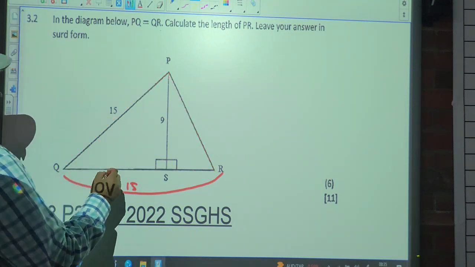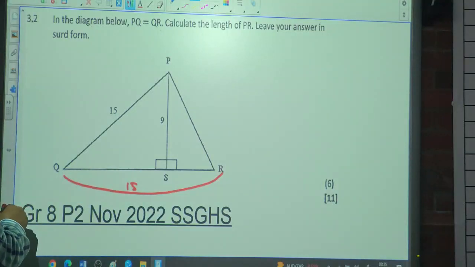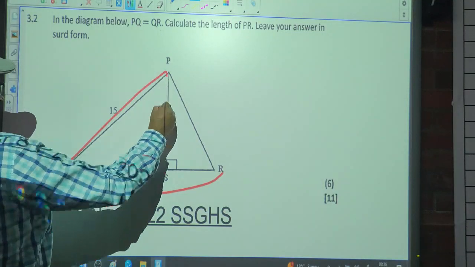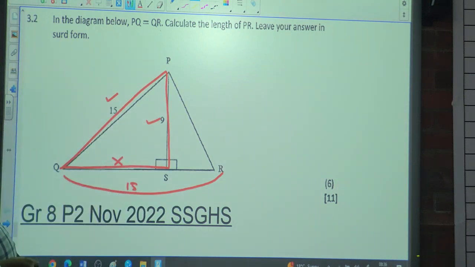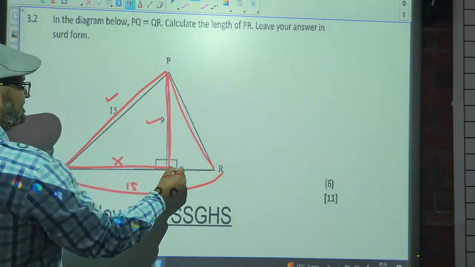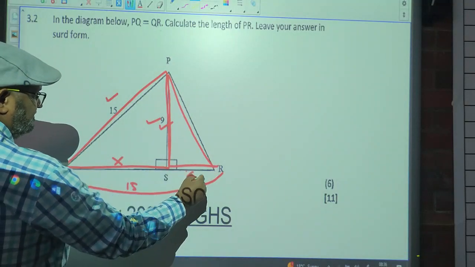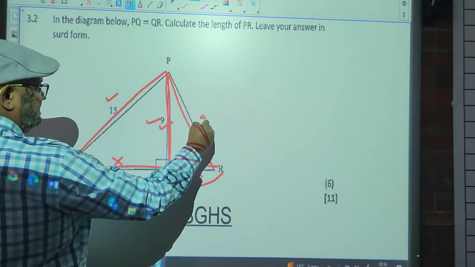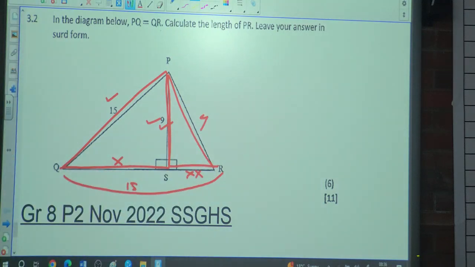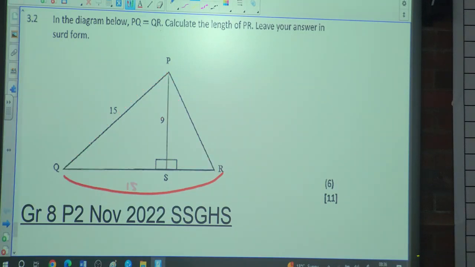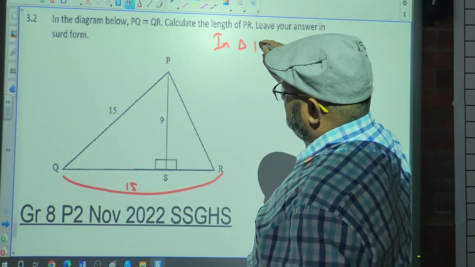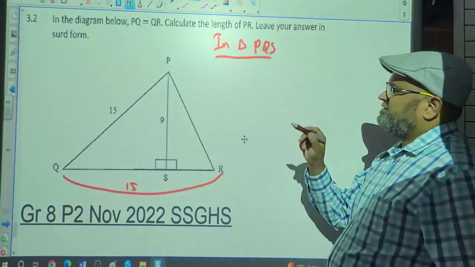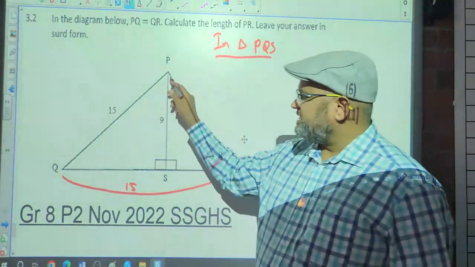However, if I look at what I have here, what side can actually be calculated at this point? QS. You got 15, you got 9, you don't have QS. In this right-angled triangle PQS, what can I say about this triangle?